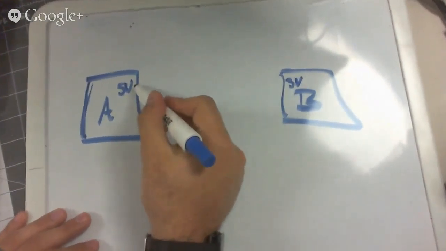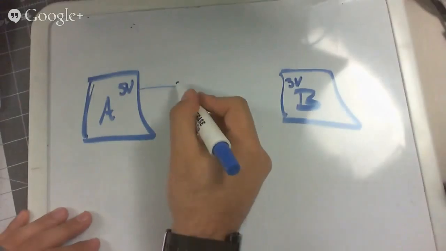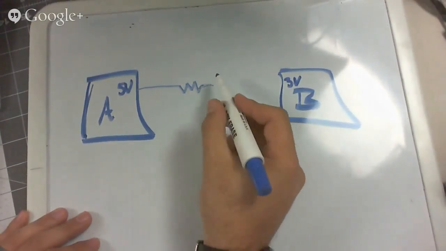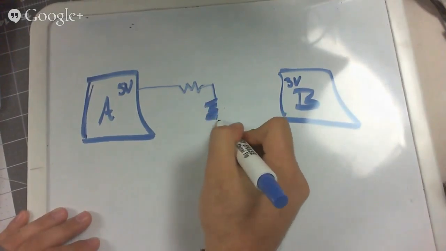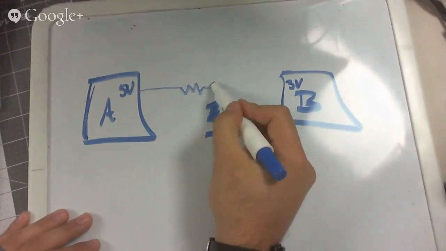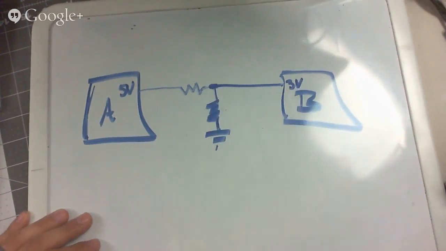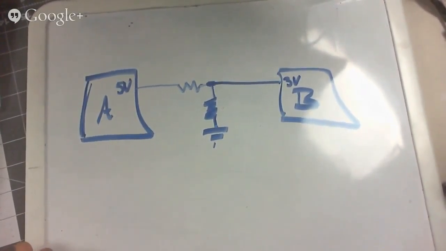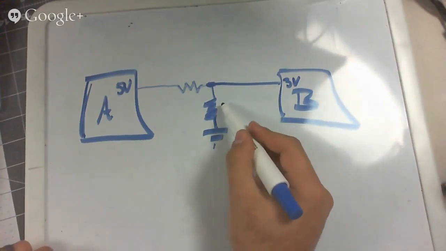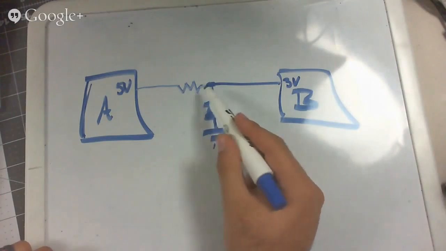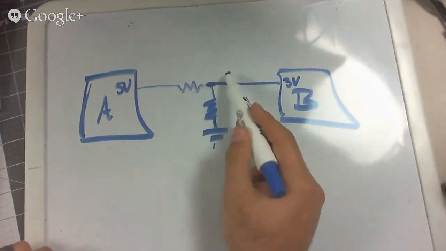There is a nifty, simple little circuit called a voltage divider. I put one resistor this way, another resistor I tie to ground, and then I tie the output over here.